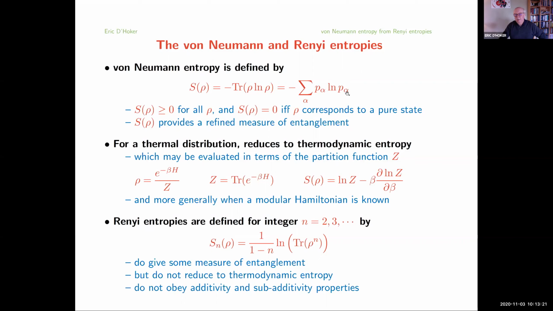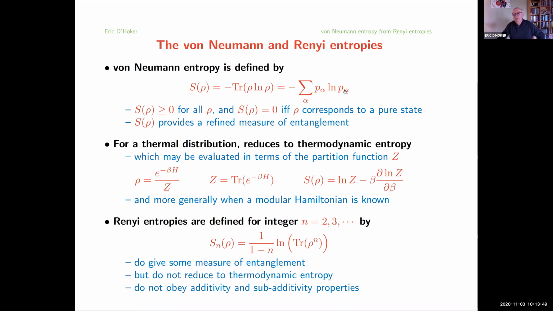So of course, since the p alphas are between 0 and 1, log is actually negative, and so this is a positive number, so that's good. So the entropy is positive for all rho, and it's 0 if and only if rho corresponds to a pure state. So it also provides a measure of entanglement of the state, but this one can assume real values. And so it's actually much finer.